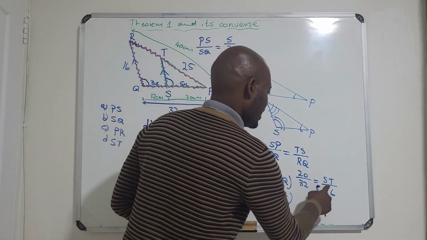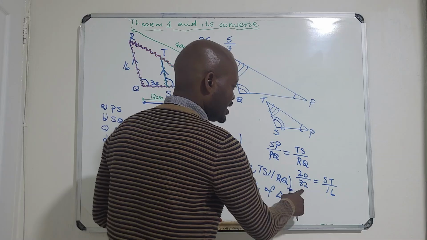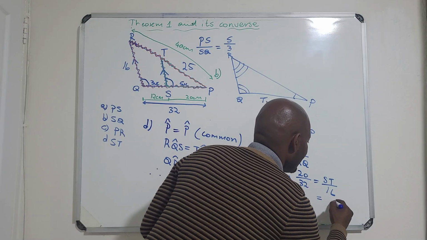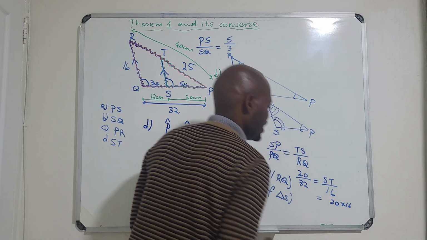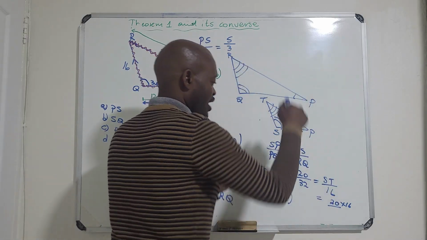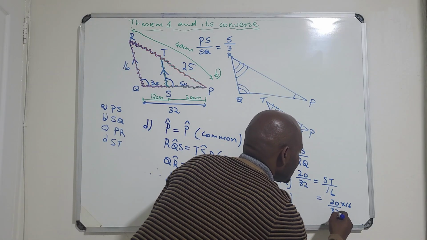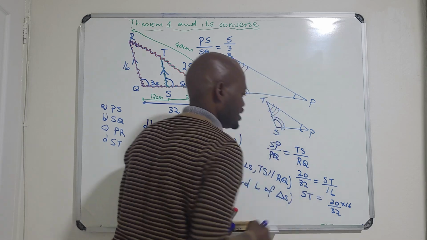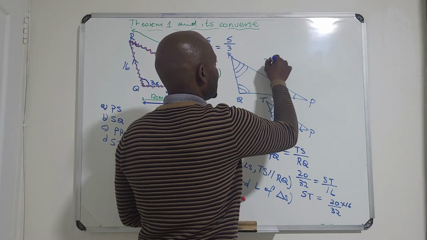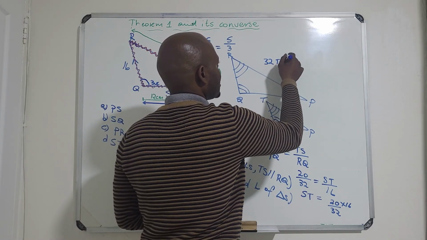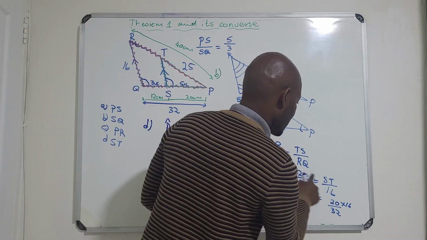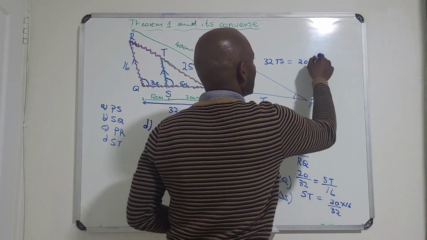Now obviously, this times this is going to be 32 ST. This times that. Obviously here we're going to have 20 times 16. Divide by 32 there, where we have ST. I can explain it again. This times this is 32 TS, which is equal to this times this, 20 times 16.